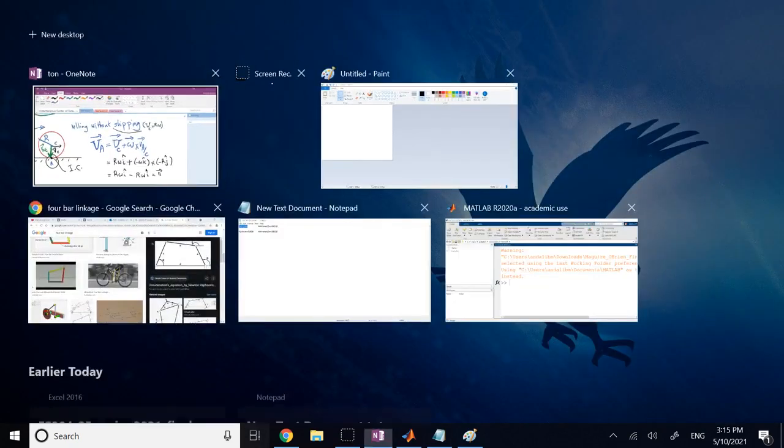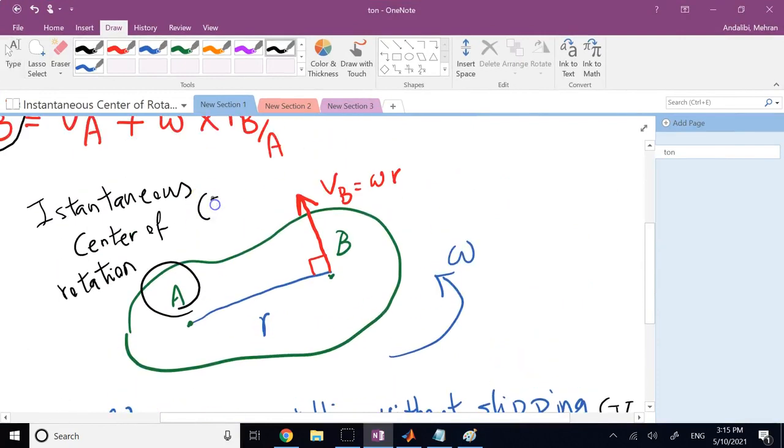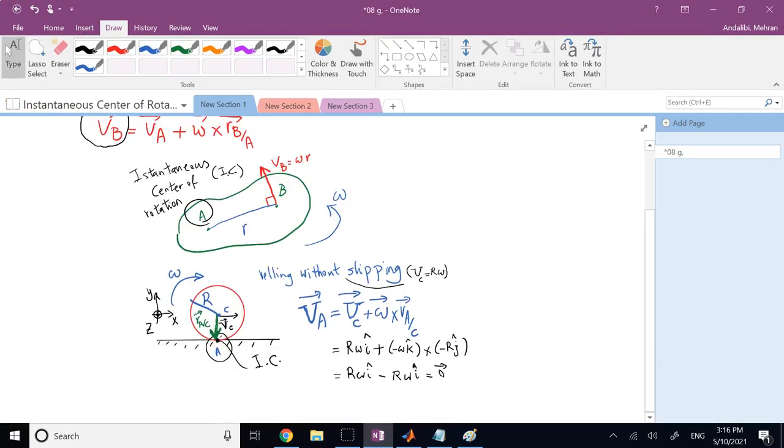We also show instantaneous centers with IC. IC means instantaneous center of rotation. There is no permanent center of rotation here. There is only instantaneous.